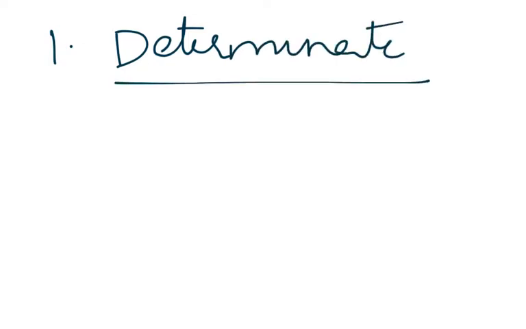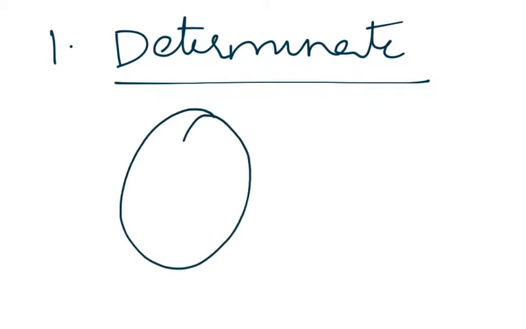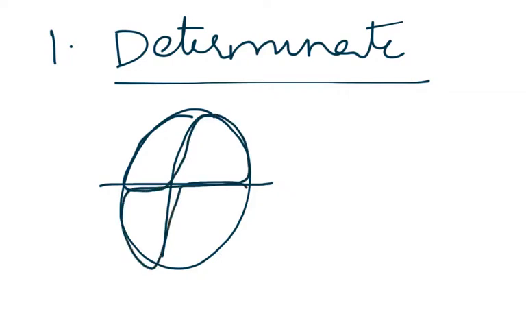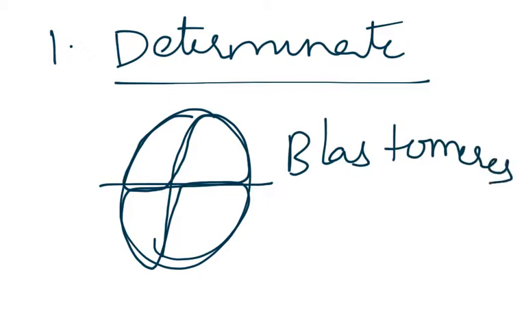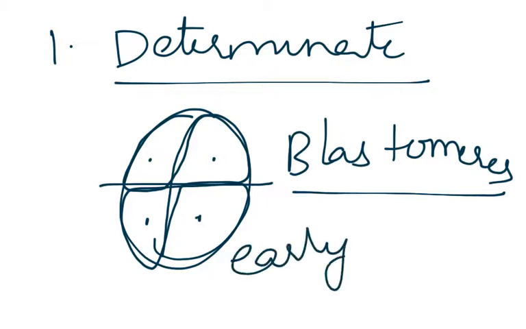What is determinate type of cleavage? Determinate type of cleavage means, if the fate of blastomeres, the cells of the embryo during the developmental process, generally called blastomeres. Cells is the general term we used till now; now we are moving towards the definition. If the fate of blastomeres is decided early in the embryonic development, we call such type of cleavage determinate type of cleavage.